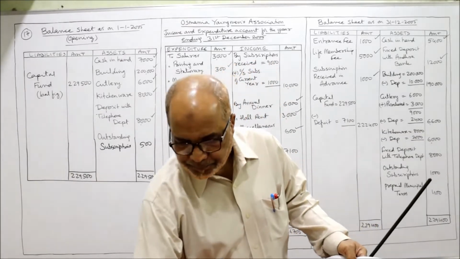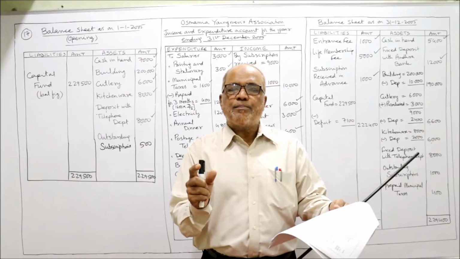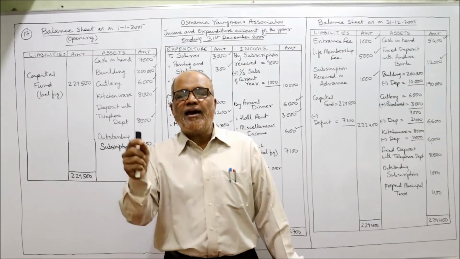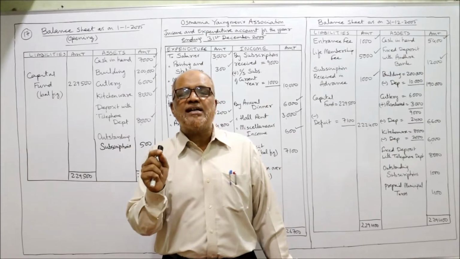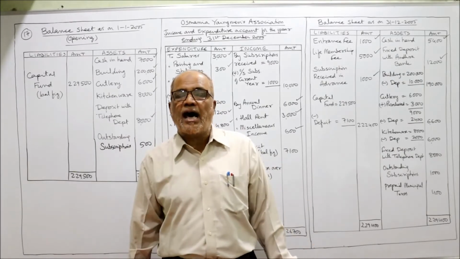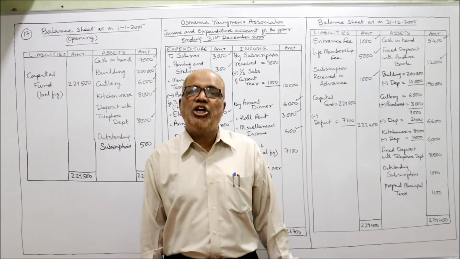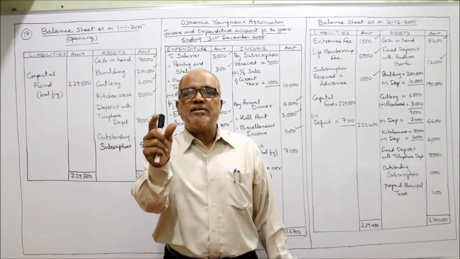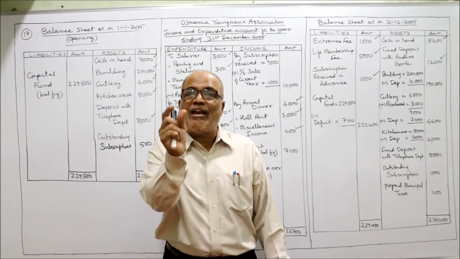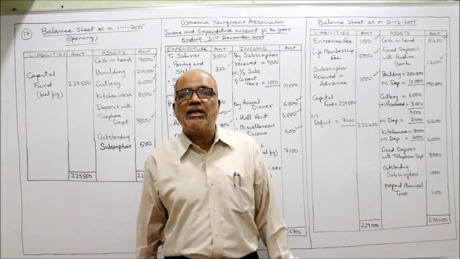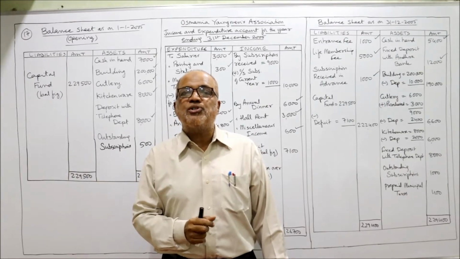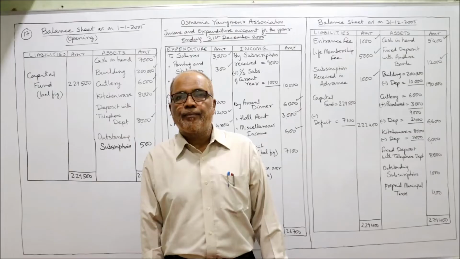So the annual subscription of each member is 10 rupees, and every member has to pay 10 rupees as subscription, and 100 members are in arrears. Arrears means outstanding, due. 100 members have not paid the subscription, at 10 rupees each. So 100 into 10, 1,000. So 1,000 rupees subscriptions are outstanding.